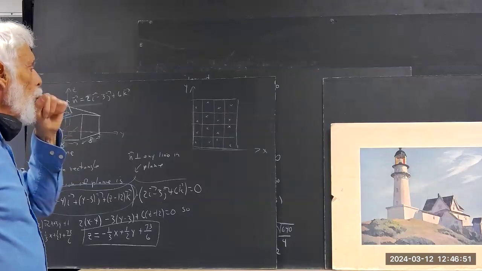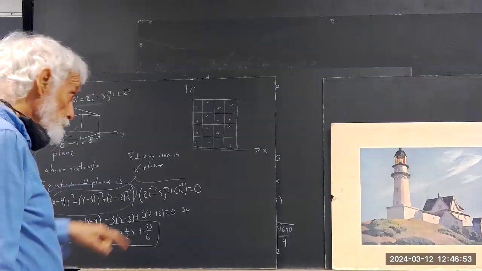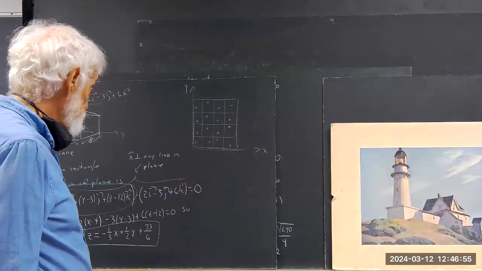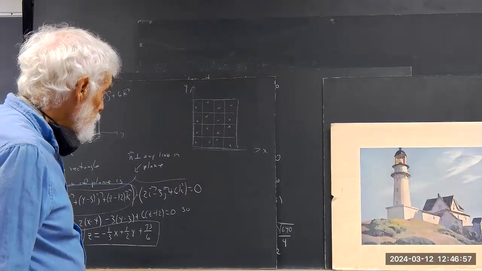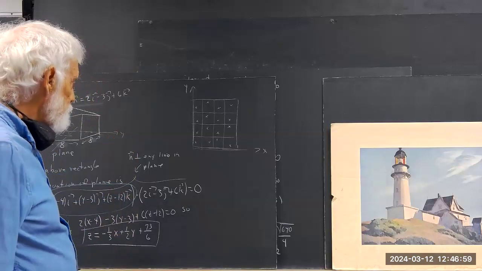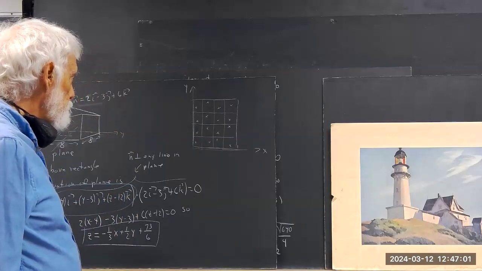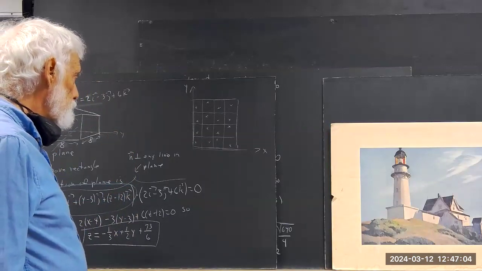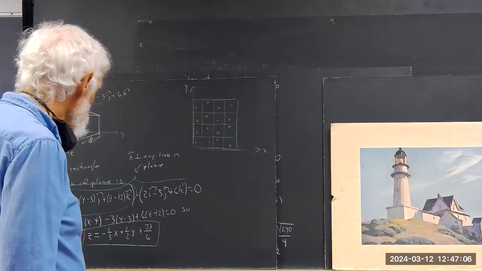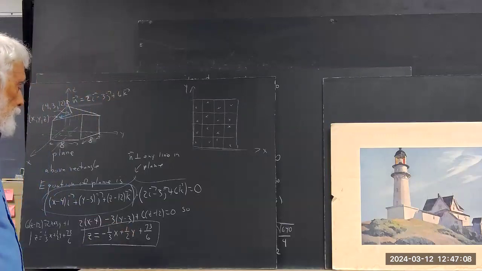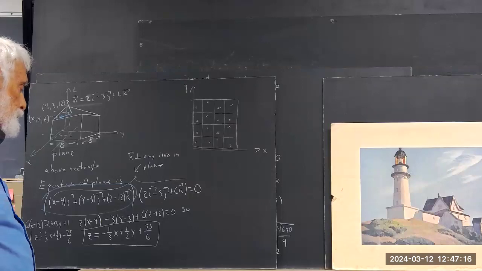So I estimate this point to be about 0.7. At about 0.7. So Z would be about 0.2, negative 0.2 plus 0.4 is about 0.2.